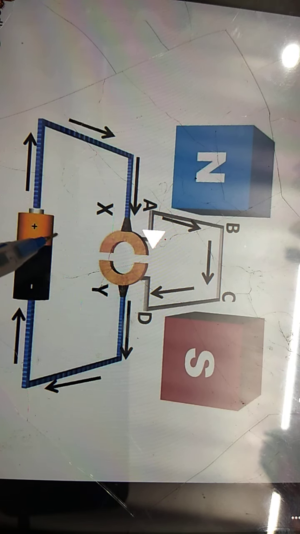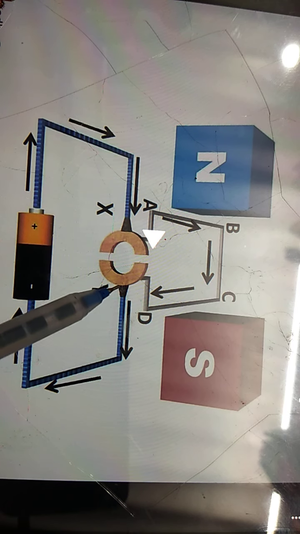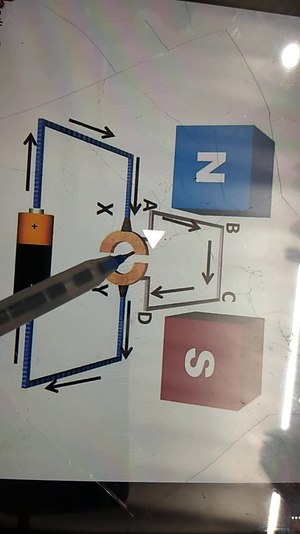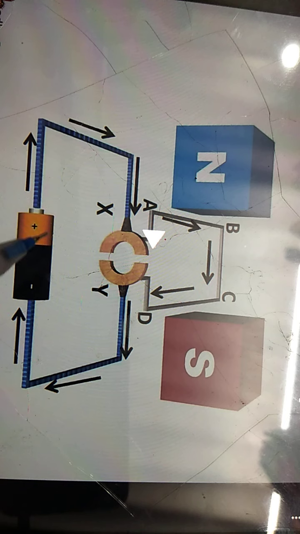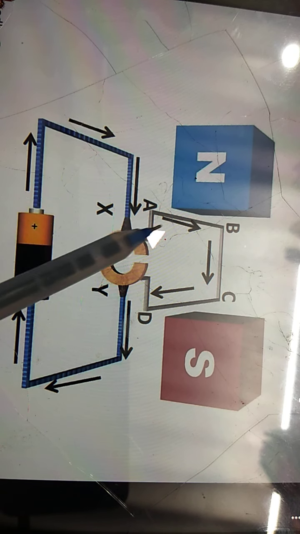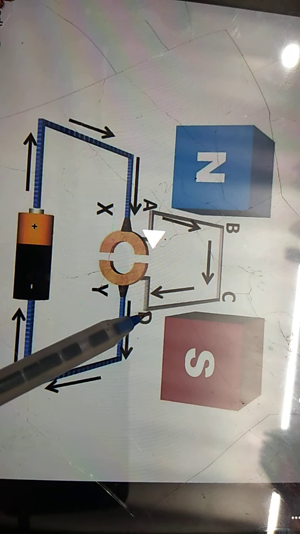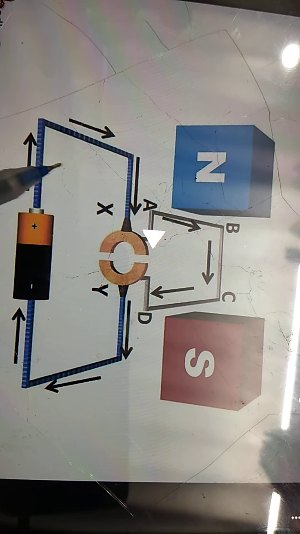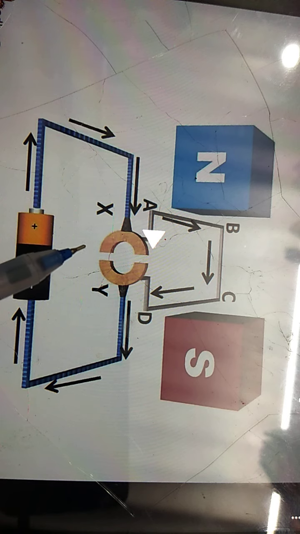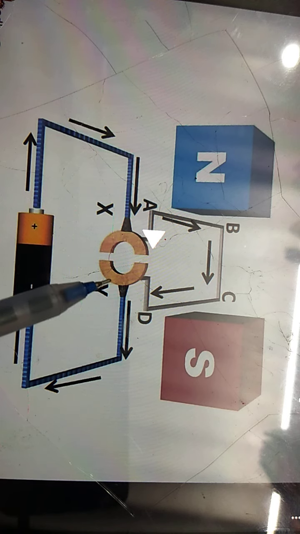So these are not fixed, and on these brushes the split ring moves, and when it moves, AB comes in the position of CD, and CD comes in the position of AB, and we saw that this is moving in an anti-clockwise direction from this side.